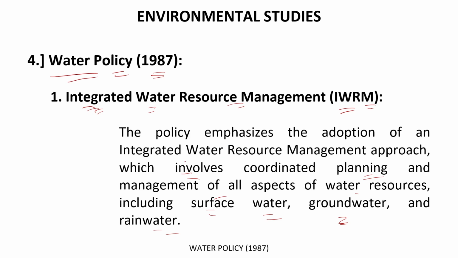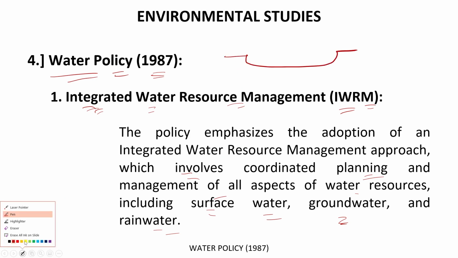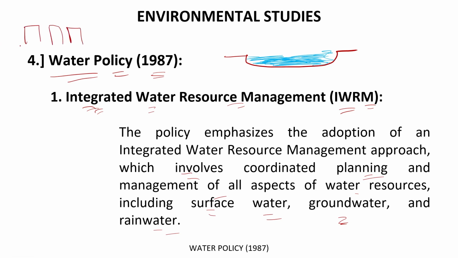Basically we know that surface water is like this. This is the surface water. And if this is a city, there is a road going on, and rain comes down like this and water gets accumulated in places, then it is rainwater.